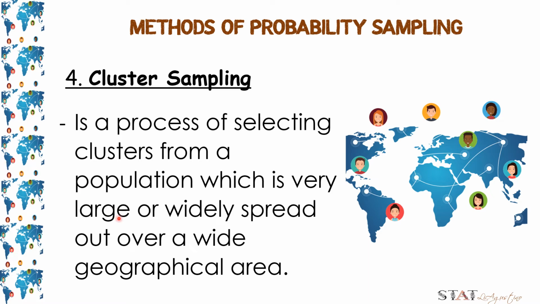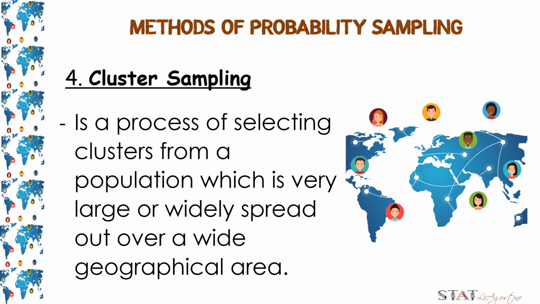So how about cluster sampling? It is a process of selecting clusters from a population which is very large or widely spread out over a wide geographical area. So it is similar to stratified. It's just that clusters are very diverse and very wide, especially for example in national surveys, which use clusters, for example regional.